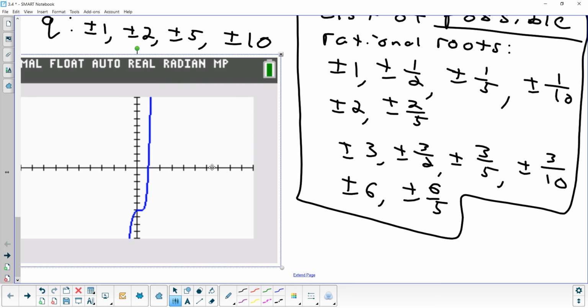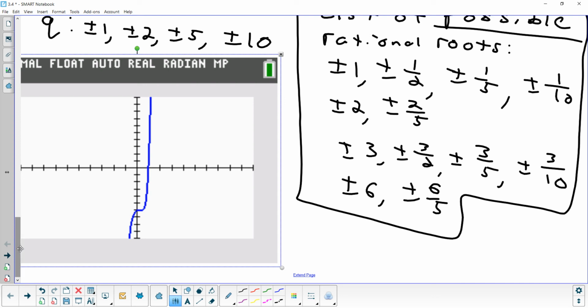Are there any numbers in this list that look like they could be the answer to where this crosses the axis? It's not a guarantee. We still need to check it. Remember, we've seen things that look close to something, but they're not.